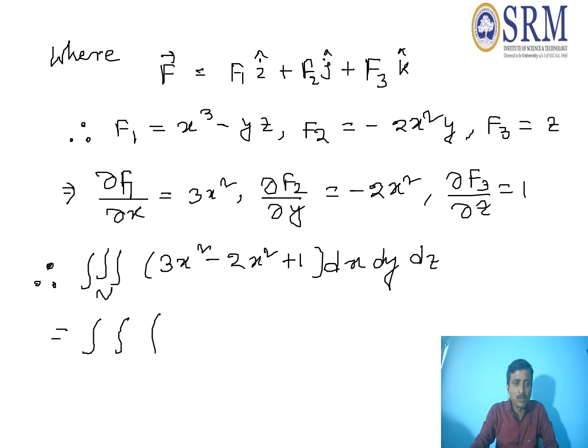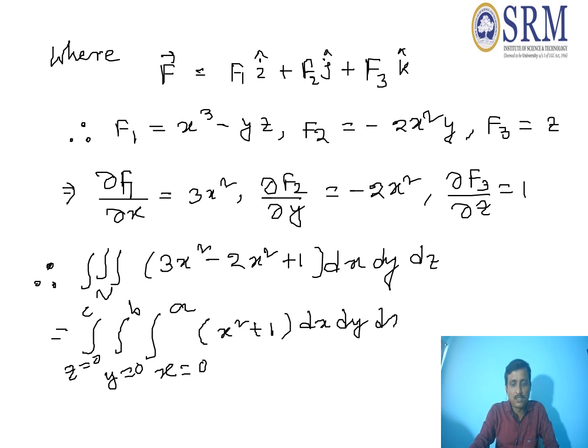They are given straightforwardly because it is a cube. So x goes from 0 to a, y from 0 to b, and z from 0 to c. These are the limits. And what we are getting is the integral of x² plus 1 dx, dy and dz.